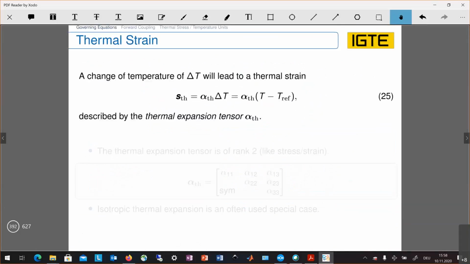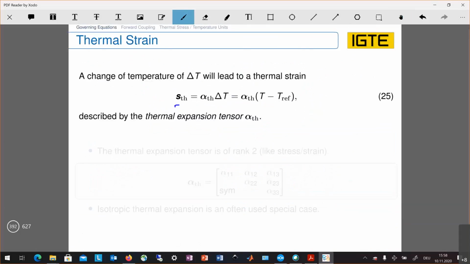Okay, now concerning the thermal strain, we have the following, that these thermal strains are computed out of our thermal expansion coefficients, which are just collected here in a matrix, or so-called tensor.